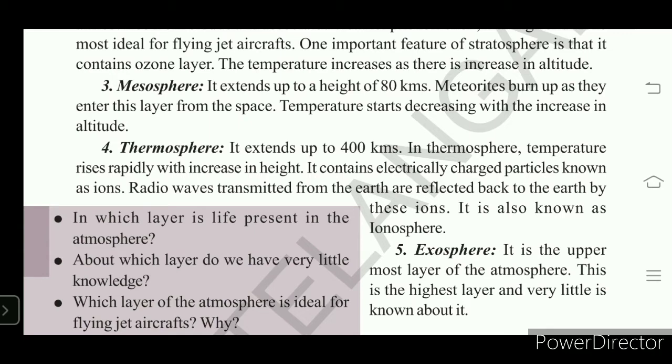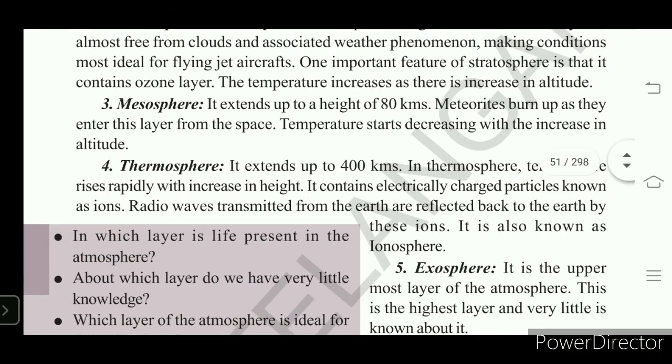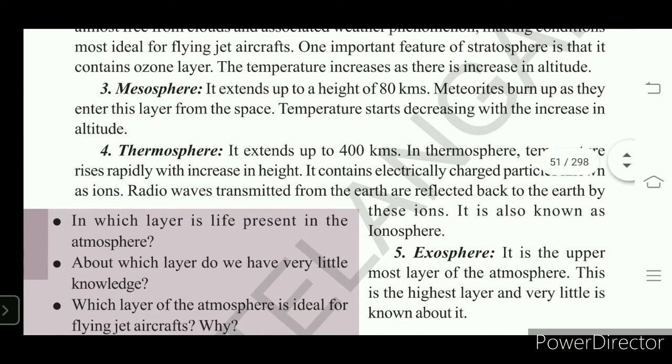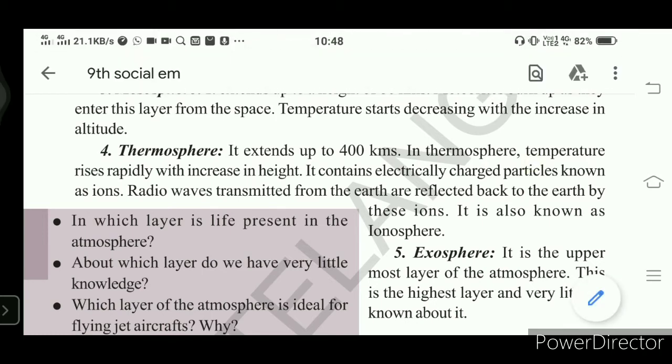And here we find meteoroids, and they burn up as they enter this layer due to the temperature. Meteoroids do not reach the troposphere, as they come from space and enter the atmosphere, especially when they reach the mesosphere. There they will burn.